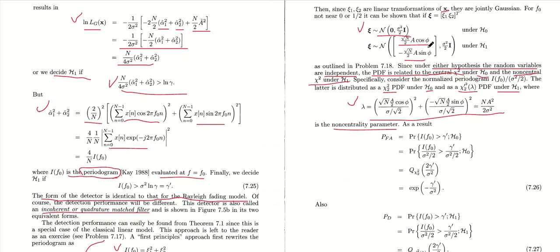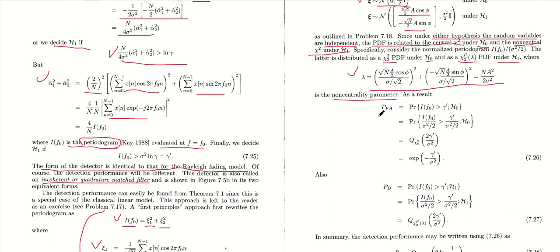Okay, now you get a chi-square distribution for H0, chi-square distribution for H1. Now PFA is, because you are doing the threshold for gamma, the probability IF0 larger than gamma prime conditioned on H0, because that's when you will do what? That's when you do H1, right? So that's the thing. And then you continue on with the derivation.